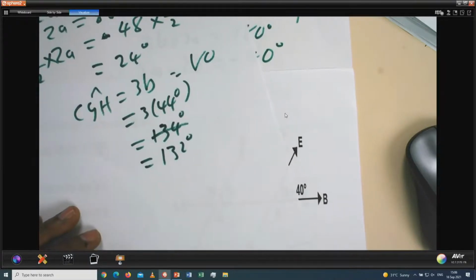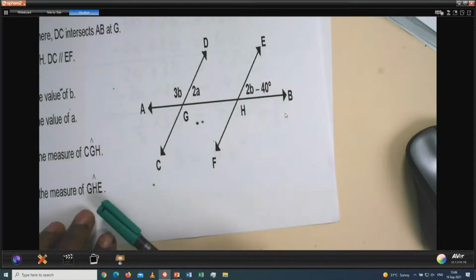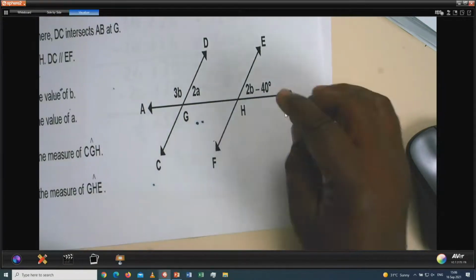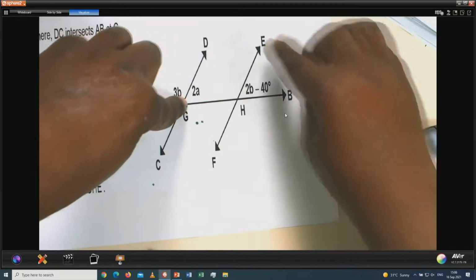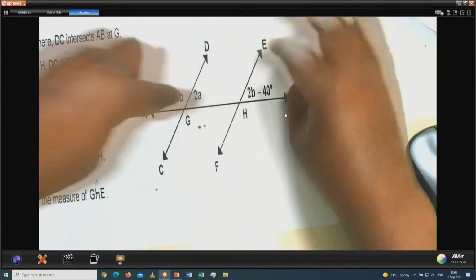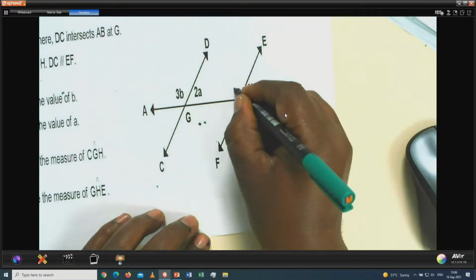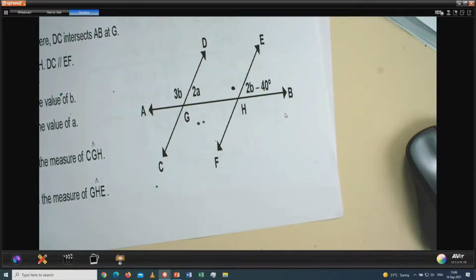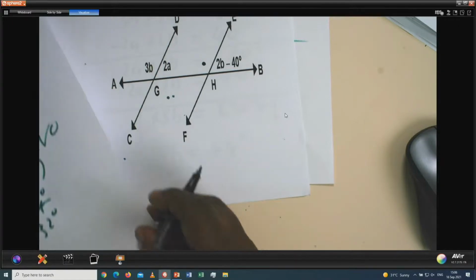The last one says GHE. Remember what I said? The first letter G, the last letter E. Where is the angle H? They are looking for this angle, and you can approach it in many different ways.